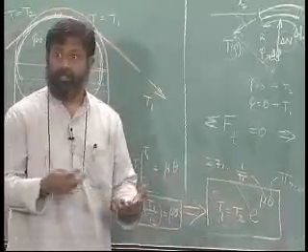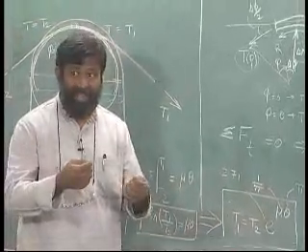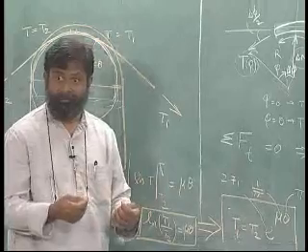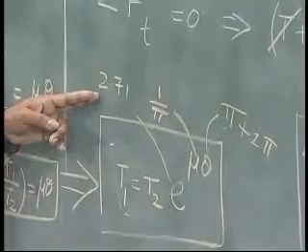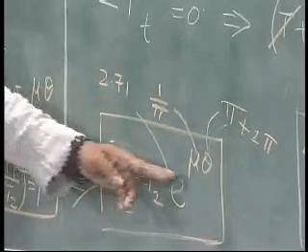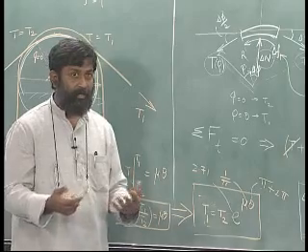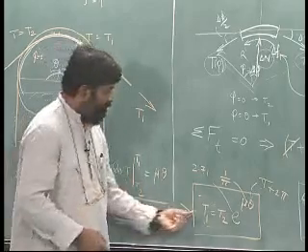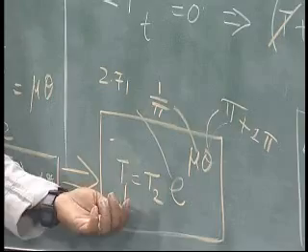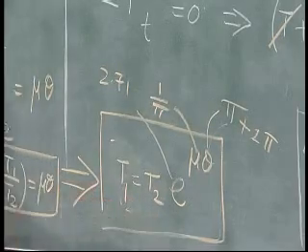E raised to 3 is approximately about 20, which means T1 is 20 times T2.